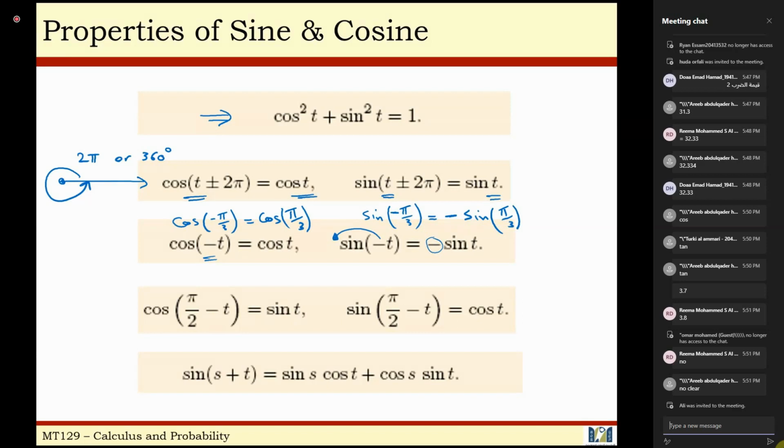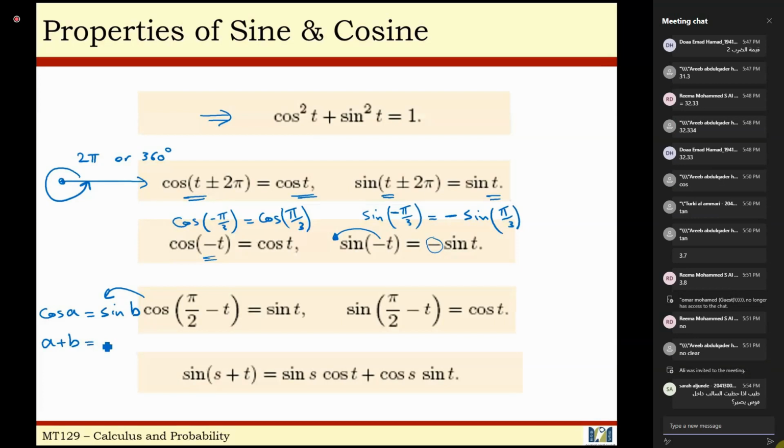The relation between sine and cosine: if cosine of A equals sine of B, then A plus B, the sum of the two angles, equals pi over 2 or 90 degrees.